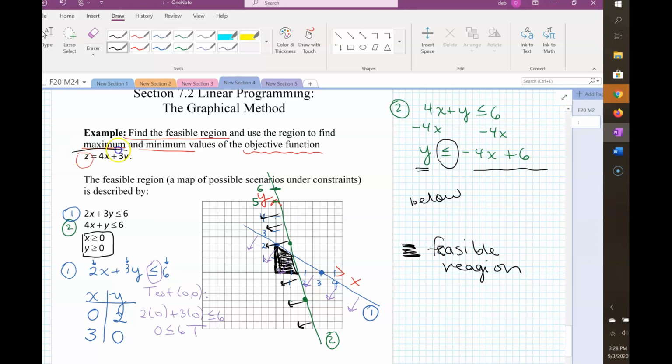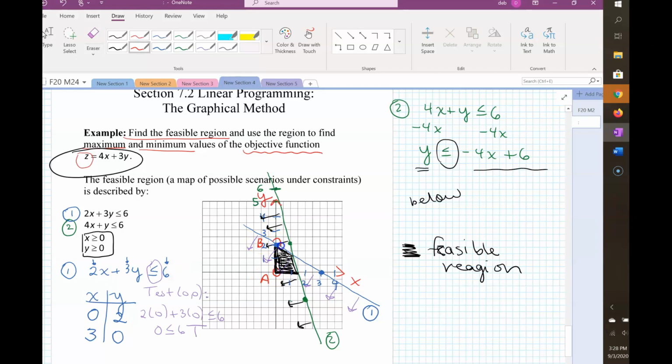So now we have our objective function, and we need to evaluate it at each corner point. Well, that means we're going to have to find the corner points. So I like to label my corner points. So the first one is going to be the 0, 0 point.